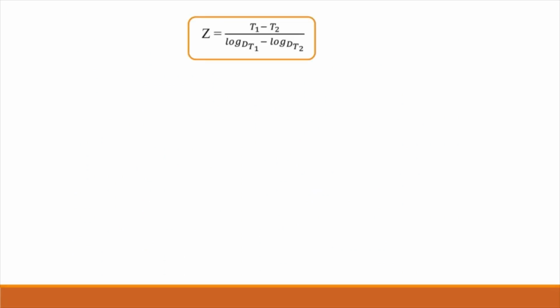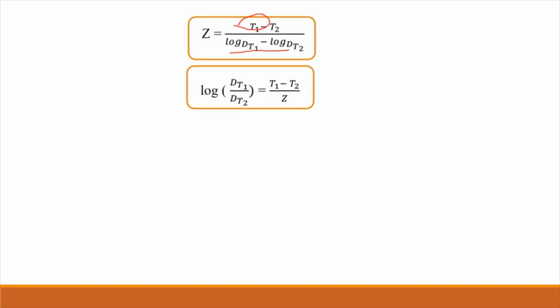Let us derive some important formulas for Z value. From the definition, we know that Z equal to T1 minus T2 by log Dt1 minus log Dt2. That is the change in temperature required for 90% reduction in D value. Take log terms to the left hand side.